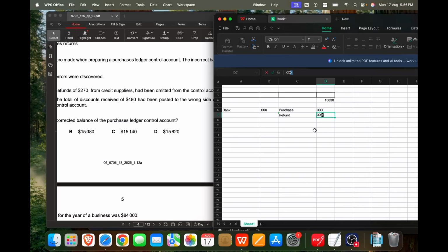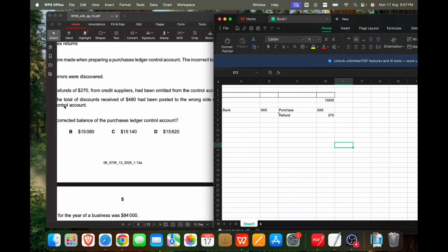So we'll write refund on the credit side out here. This refund is omitted from purchase account. So if we write this 270, this would be added with the incorrect amount that we have out here.